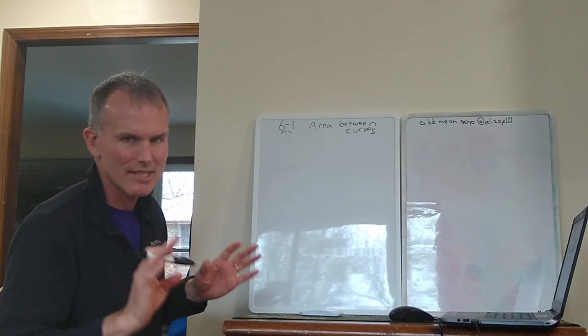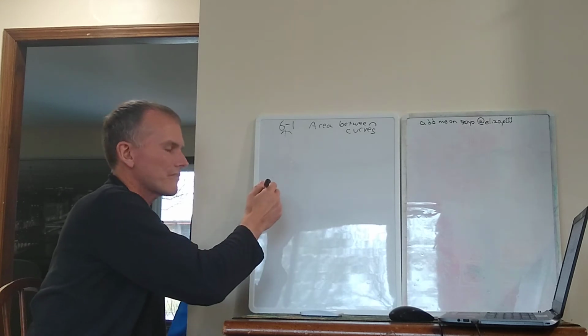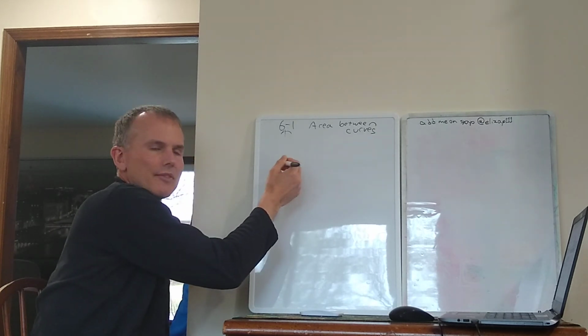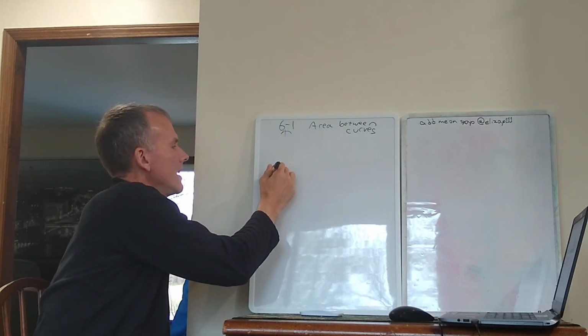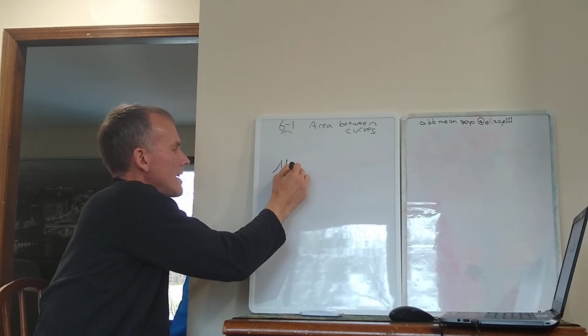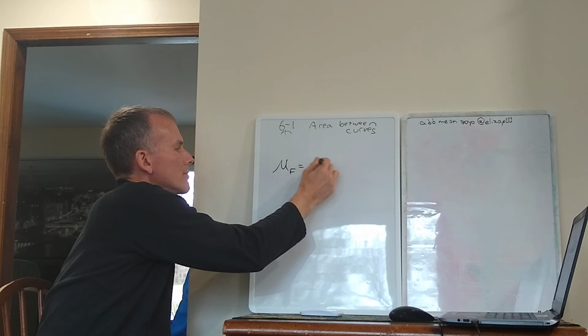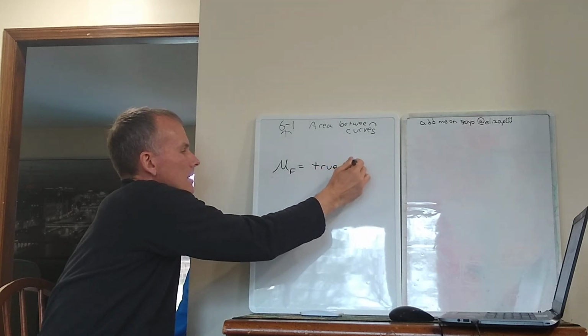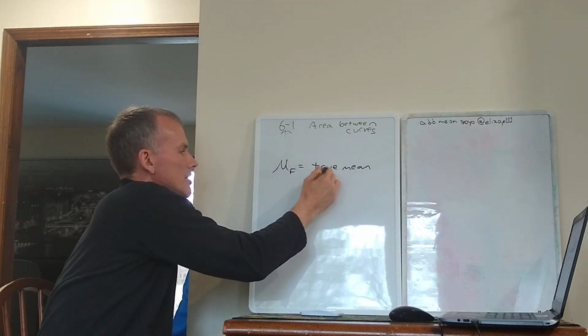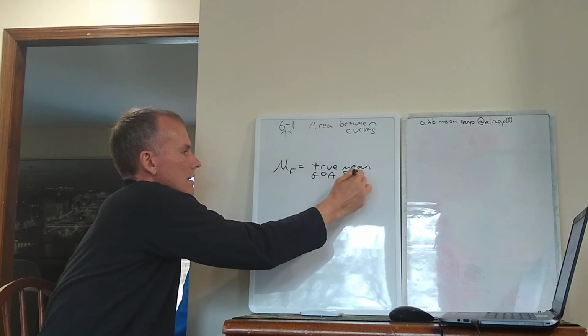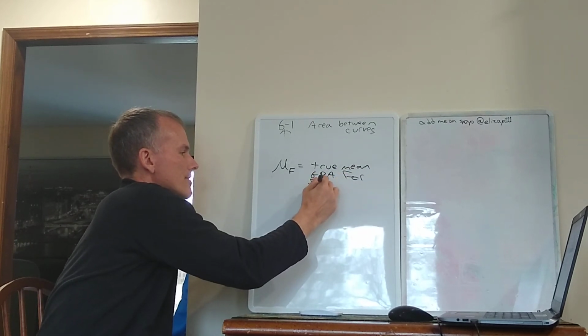So let's just get started here. First of all, defining the parameter of interest. Mu sub f is going to represent the true mean GPA for Facebook users.